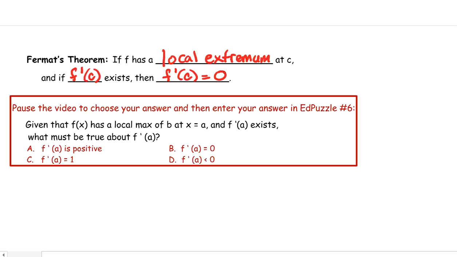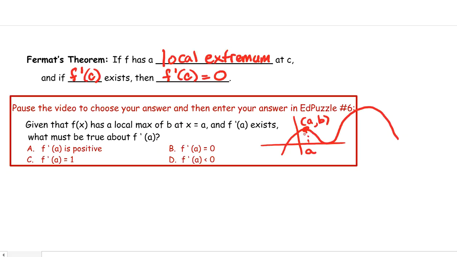So one more check here for you to answer in Edpuzzle. Read the question before you put in your answer. Our question tells us that f has a local maximum, not necessarily the global maximum, right here when we have a for our x coordinate, so a is a local maximum point.